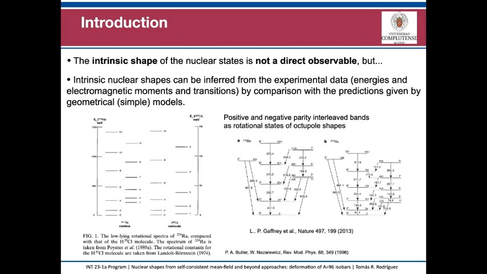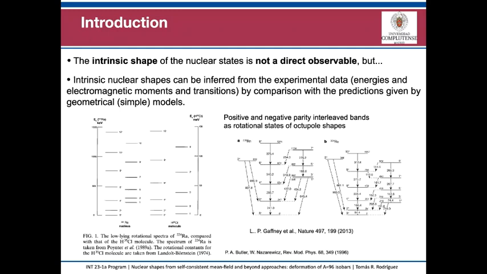where positive parity bands interleave with negative parity bands in nuclei, as we can see here for these radium and radon isotopes. Whenever you see this pattern, then we could say we have an octupole deformation, either rigid octupole deformation, or it is doing some vibrations about the octupole degree of freedom.